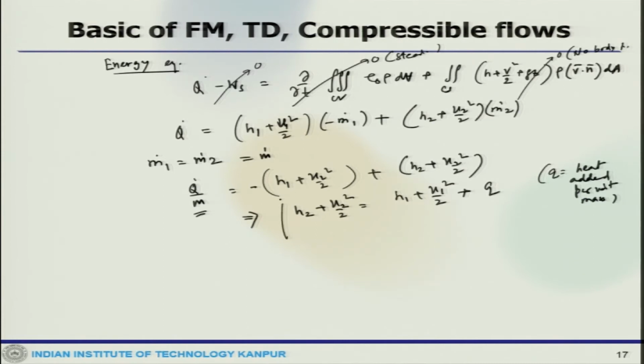So, that is equation number 3. This is the energy equation for steady one dimensional flow.